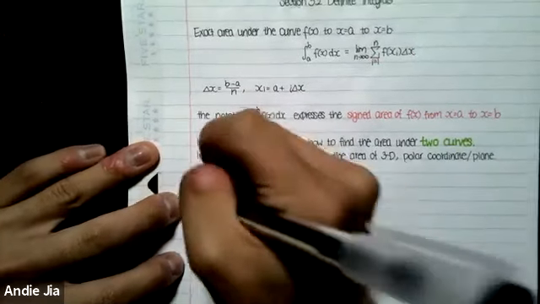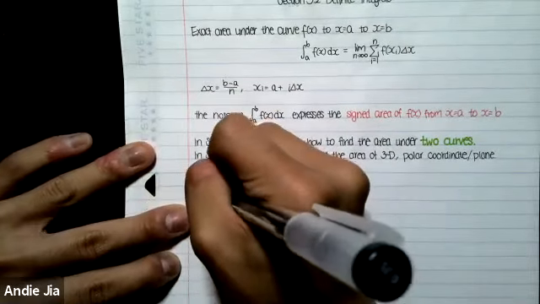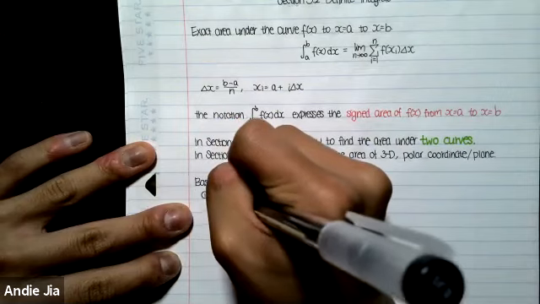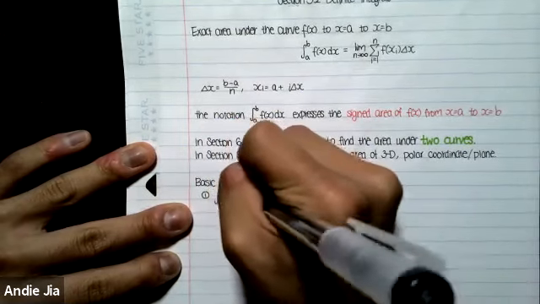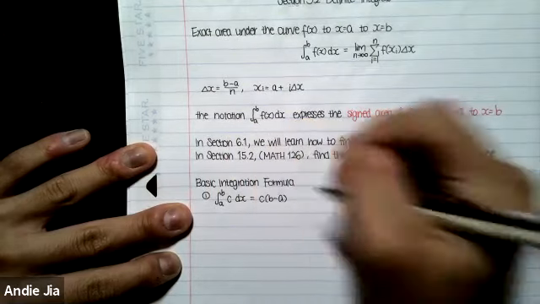For number one, the integral from a to b of a constant c dx is c times b minus a.